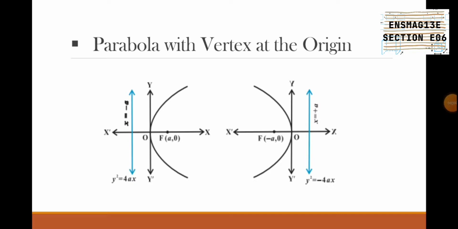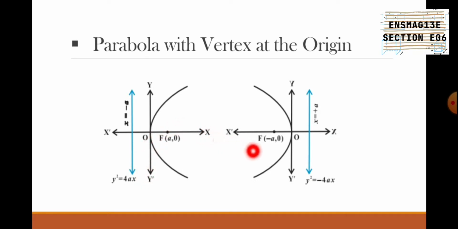We can, of course, have the focus of our parabola either to the left or the right of our Cartesian plane. The equation of a parabola with vertex at the origin and focus at (a, 0) has an equation of y squared is equal to 4ax.